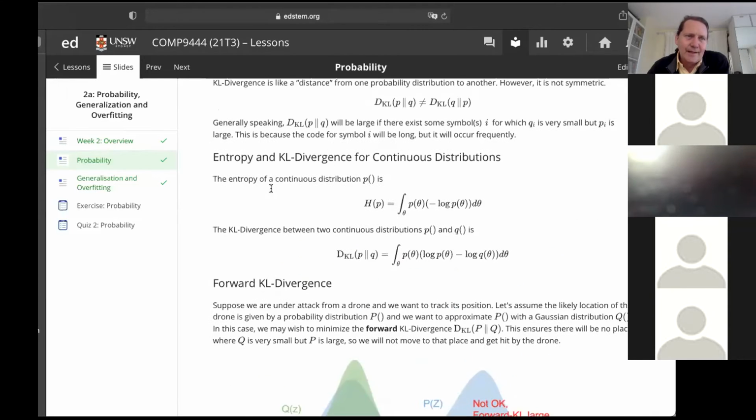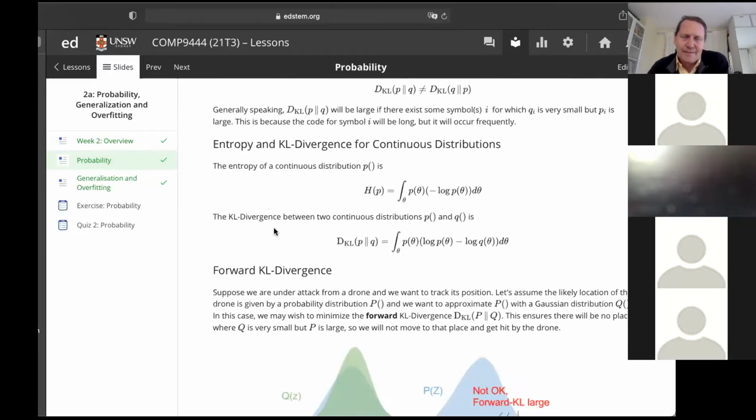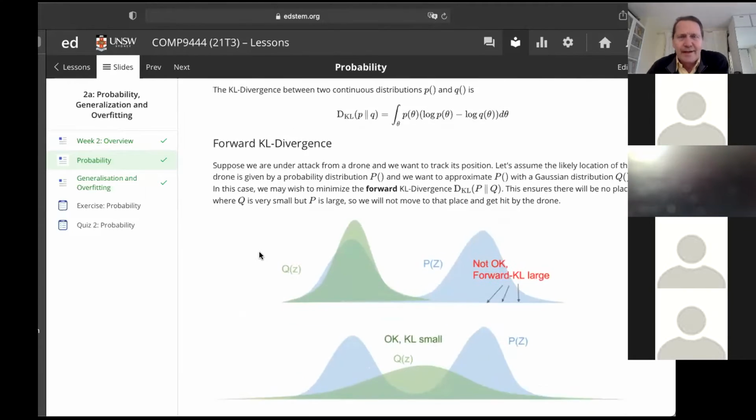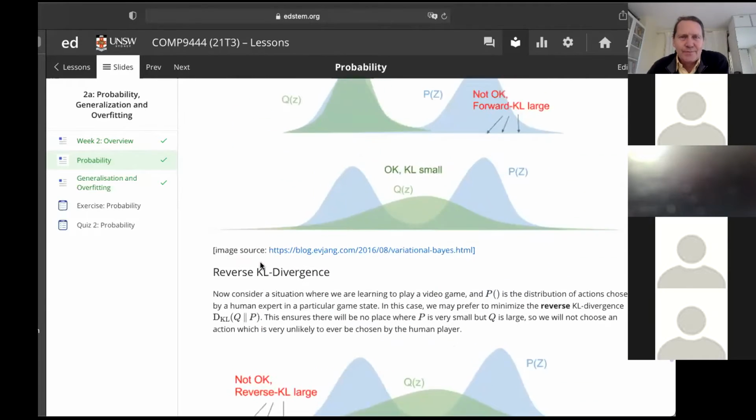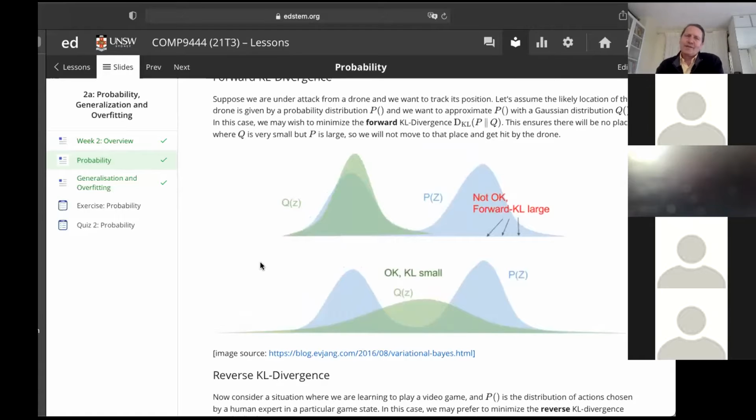Now when we get to the KL divergence, there actually are a number of deep learning algorithms which use KL divergence, but the place where we're going to see it mainly in this course is the variational autoencoder.